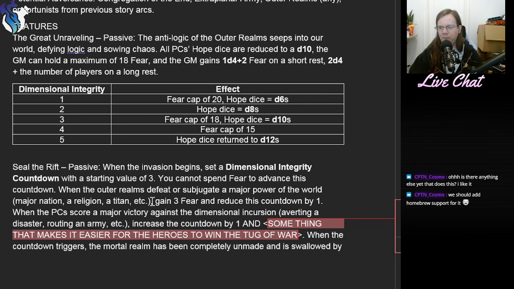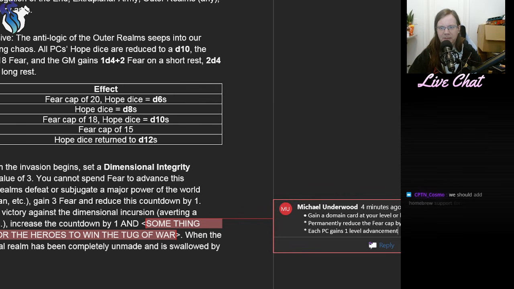So this idea of special bonuses I really like, because it gives the players something to be excited about even when they're at level 10, right?